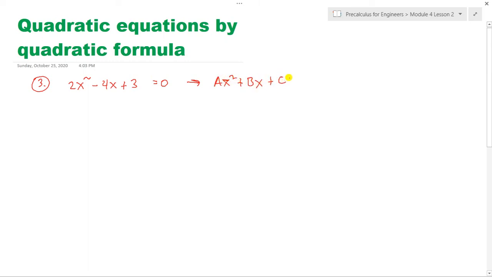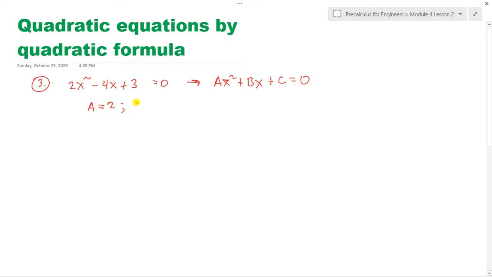So we have here 2x squared minus 4x plus 3 equals 0. We should convert this to the form ax squared plus bx plus c equals 0. From our given, the coefficient of our leading term is 2.